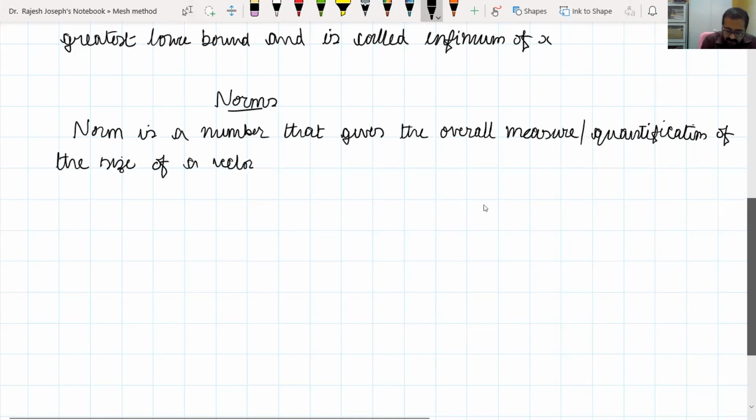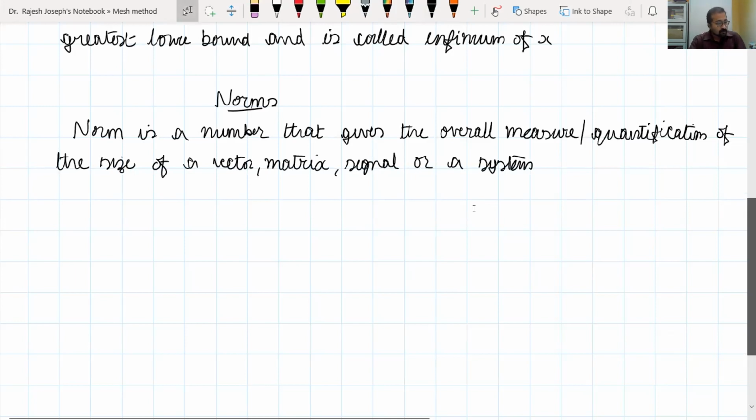It may be a matrix, can be a signal, or a system. Keep in mind here, by the size of a matrix, we do not mean how many rows and how many columns. It is the size of each element of the matrix. Norm is a number that quantifies the size of a vector, matrix, signal, or a system.